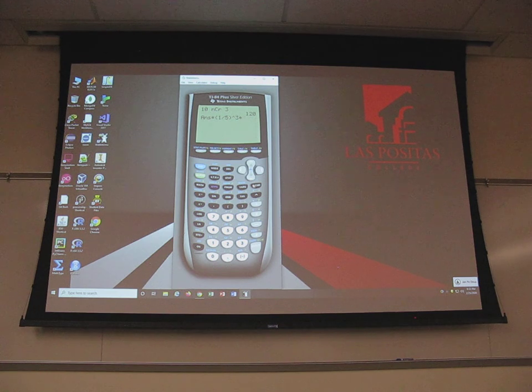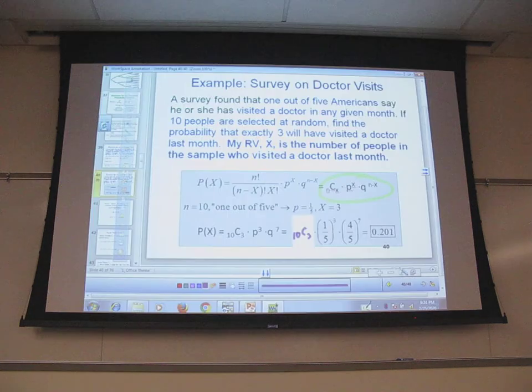I'll do decimals, because that's easier. 120 times 0.2 to the third, times 0.8 to the seventh. 0.2013, 0.201. And boom, that's what they have.